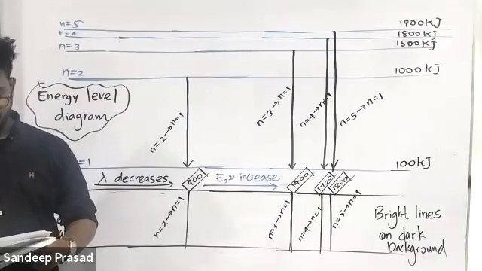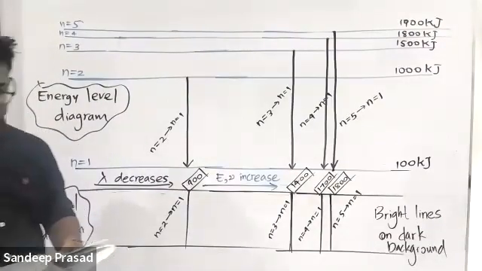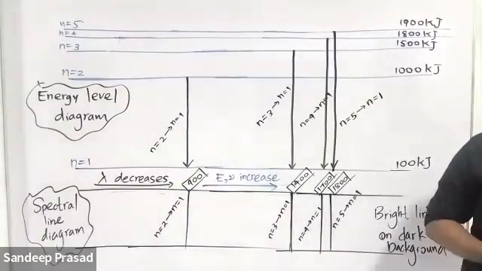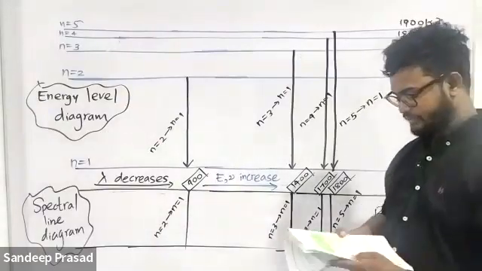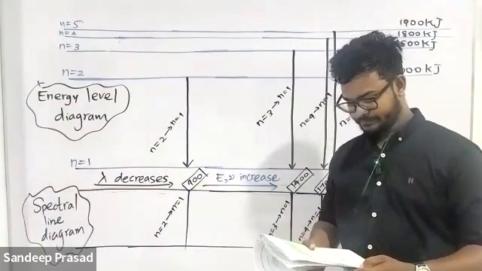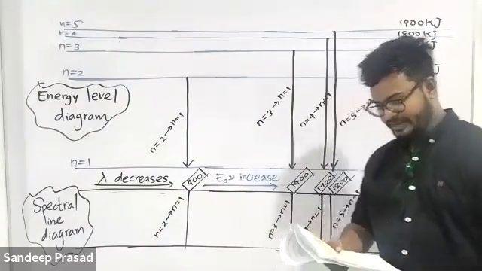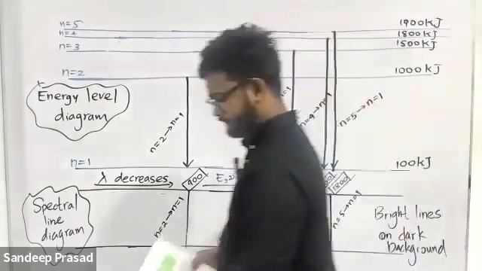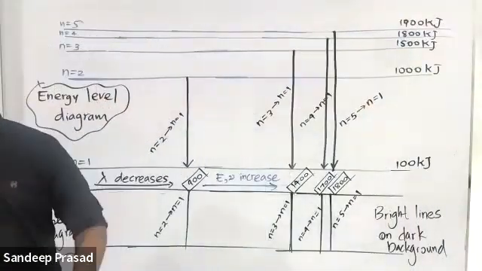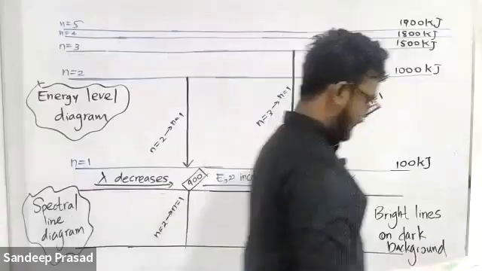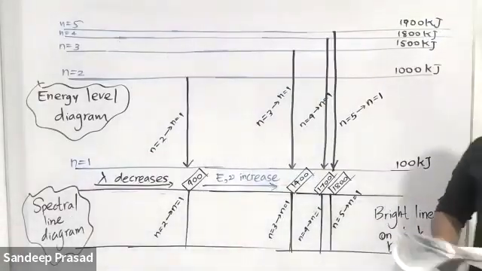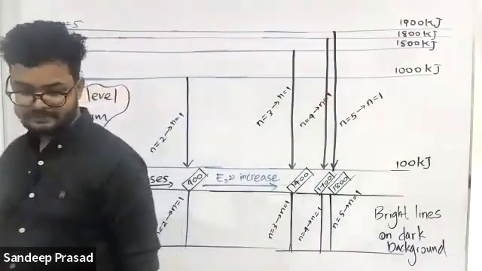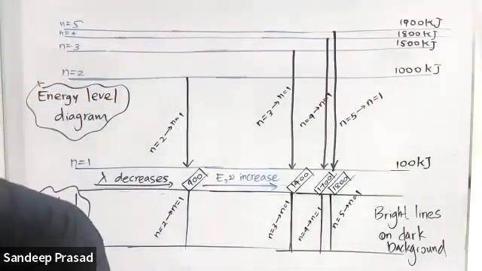Take out a red pen and write down: a spectral line represents the energy gap between two corresponding energy levels. That's all.